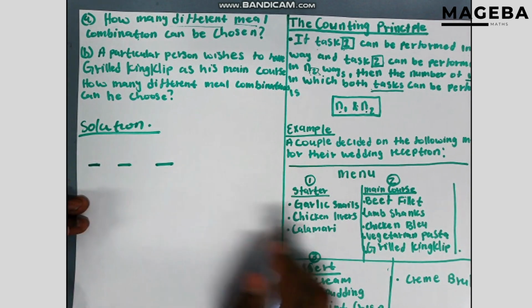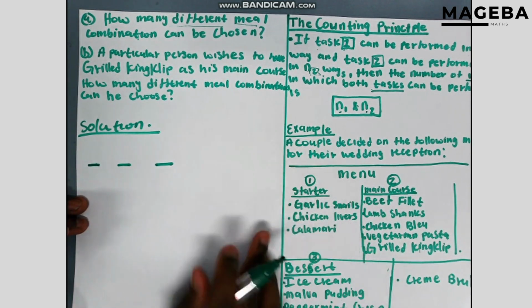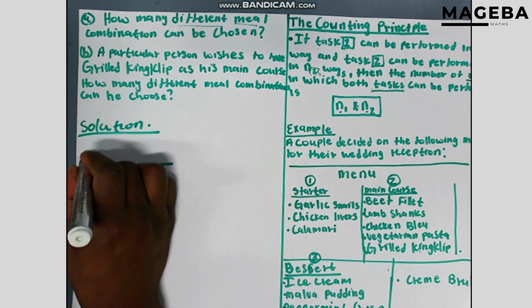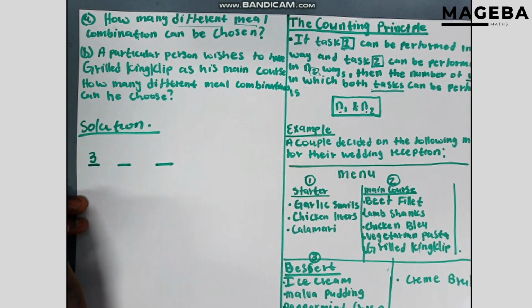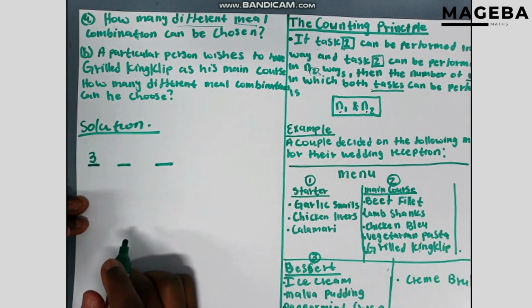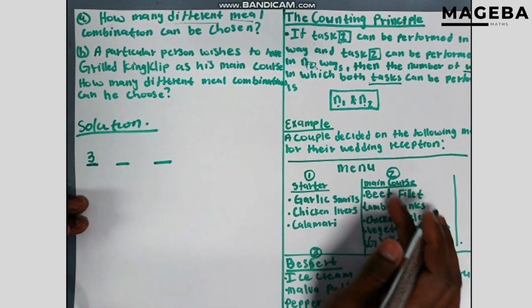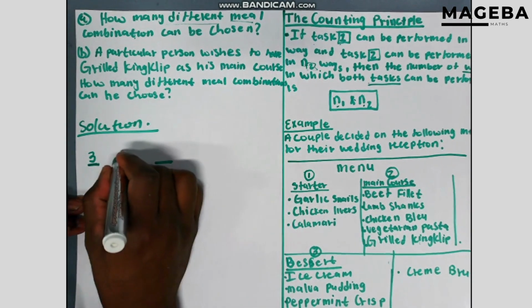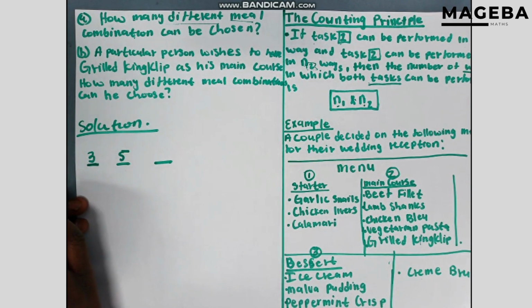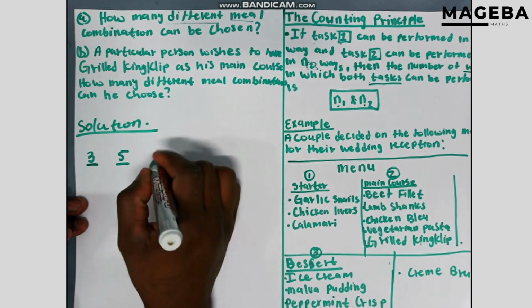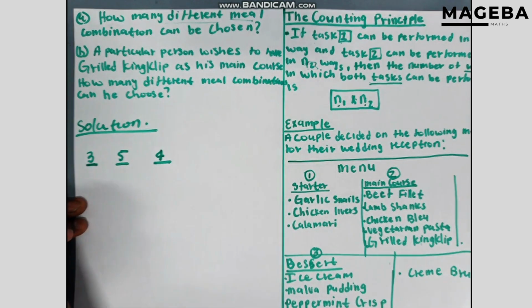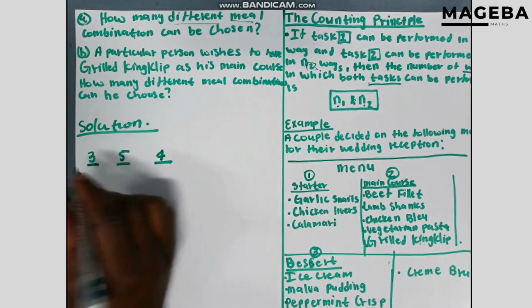Remember, how many starters do we have? We have 3. On the main course, we have 5. And on the dessert, we have 4.